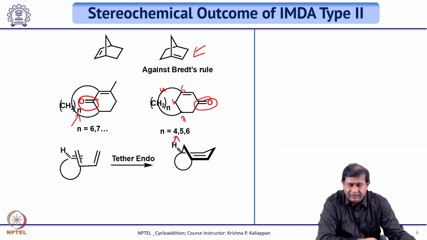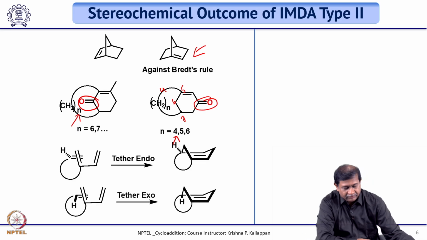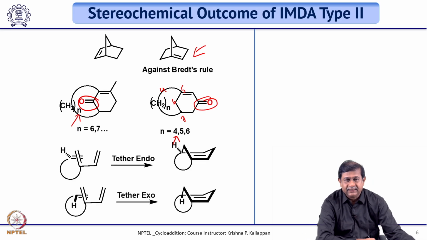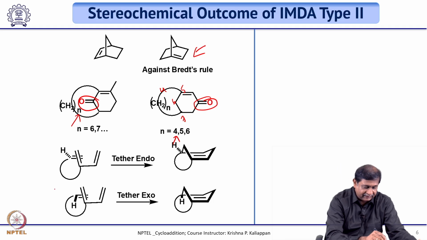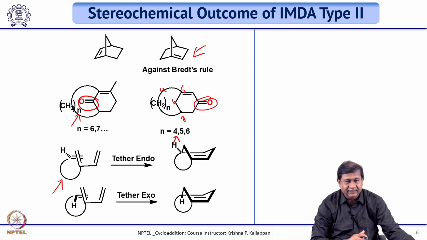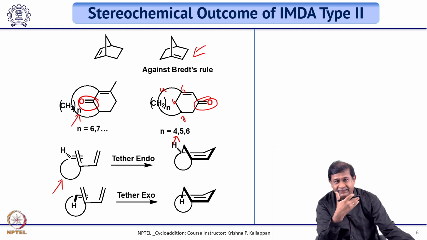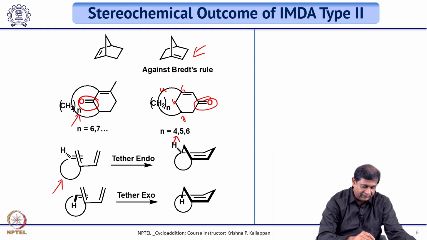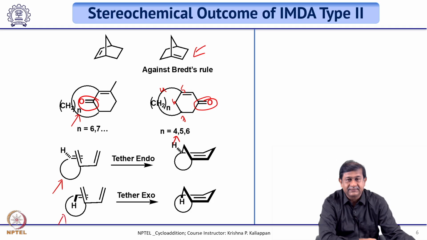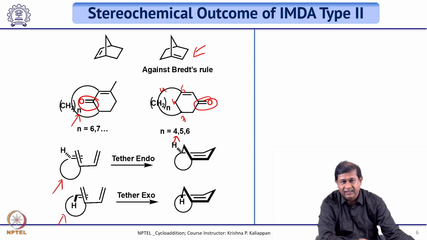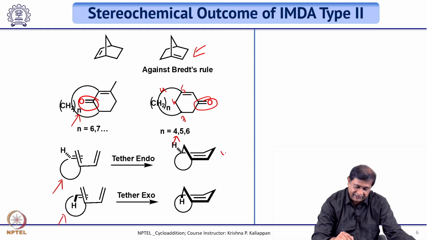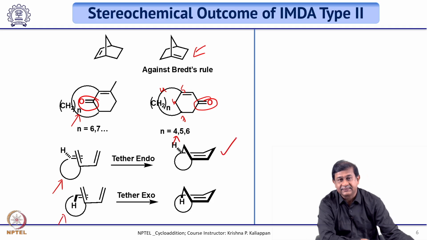And coming to the stereochemistry, what was proposed is there are two possibilities. One is the tether endo to the diene, and the other possibility is the tether exo to the diene, and the major product we get is the tether endo product.